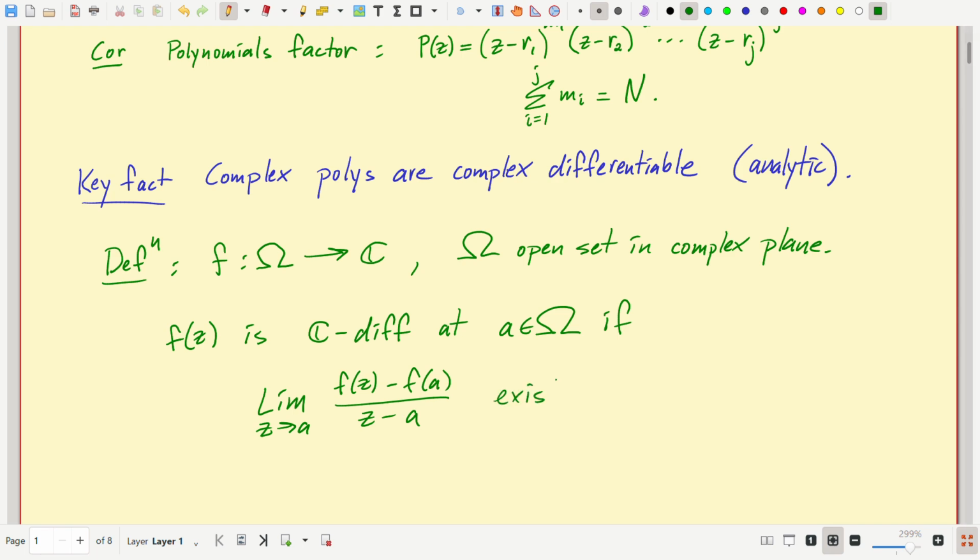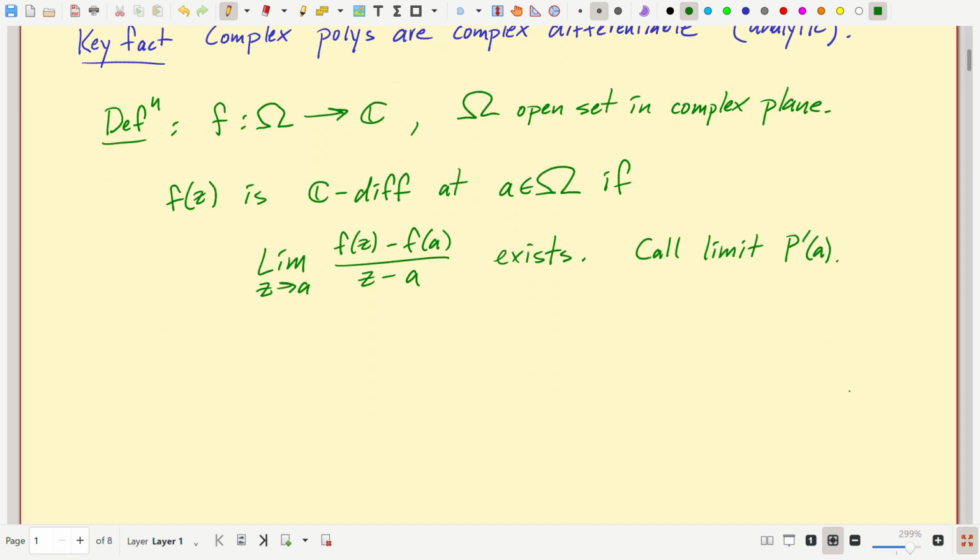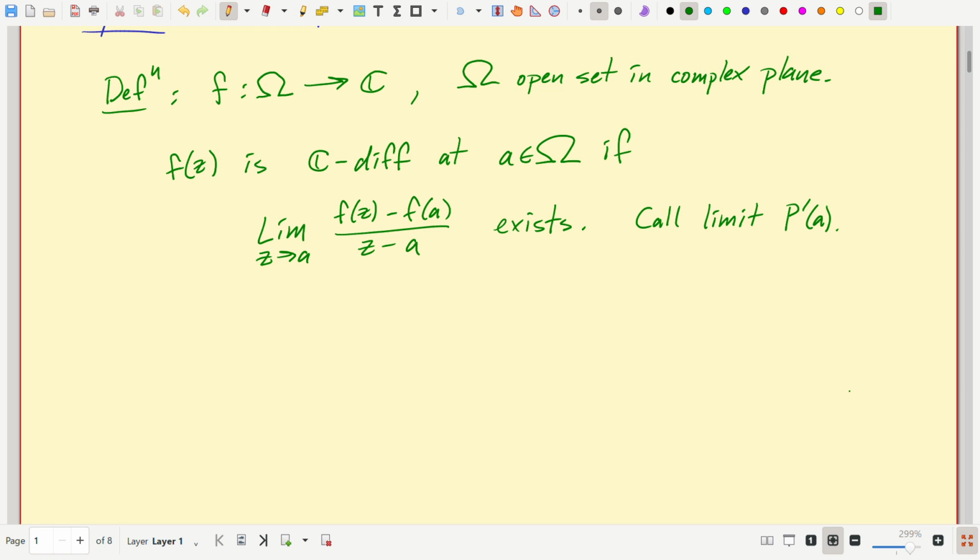If it does exist, call the limit f prime of a.